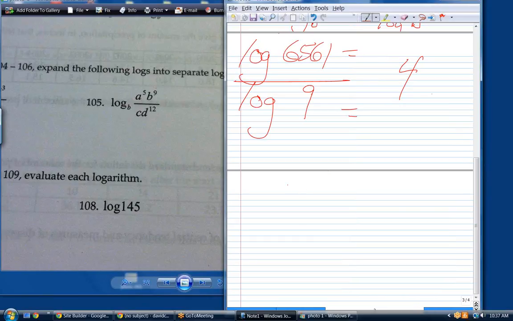Evaluate the common log of 145. That's the same thing as punching it in, right? Right, because you do have a LOG key on your calculator. Yeah, I got 2.16. 2.16.